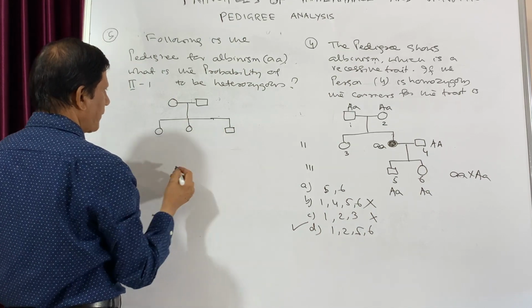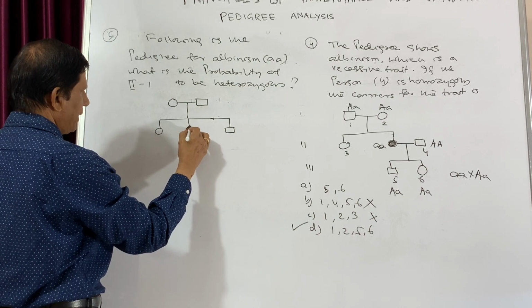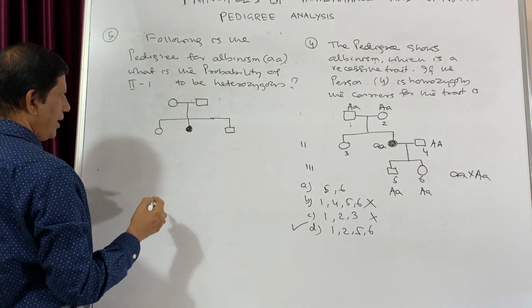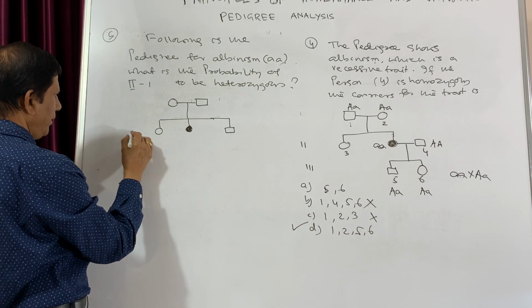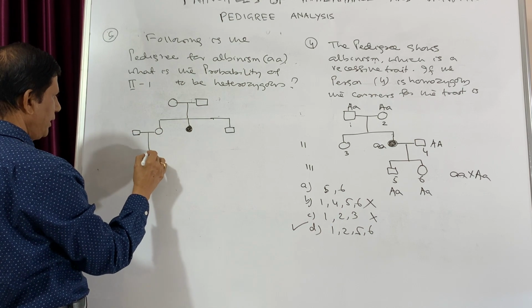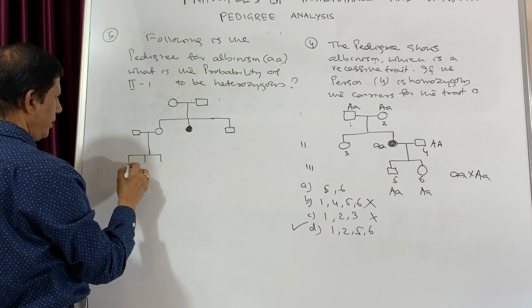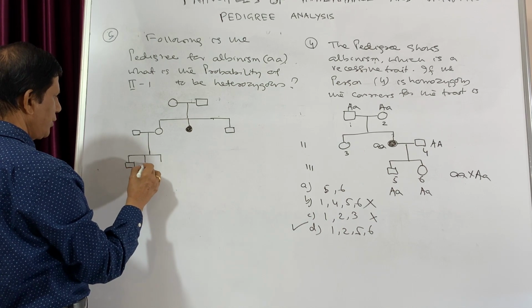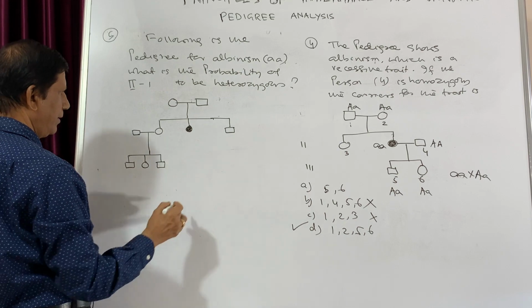Now the second daughter is affected. When this person marries another person who is unaffected, they will have 3 children: first one son, second daughter, then third one son, but none of them are affected.